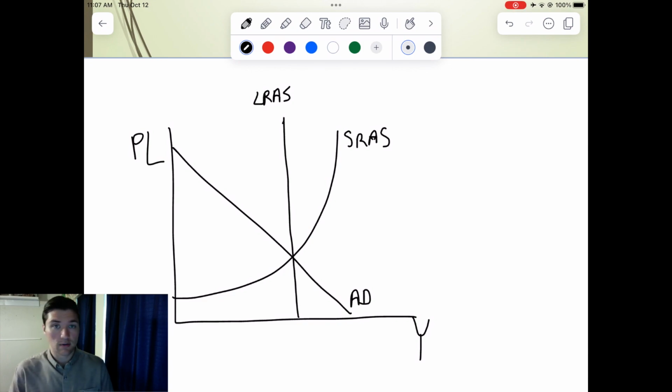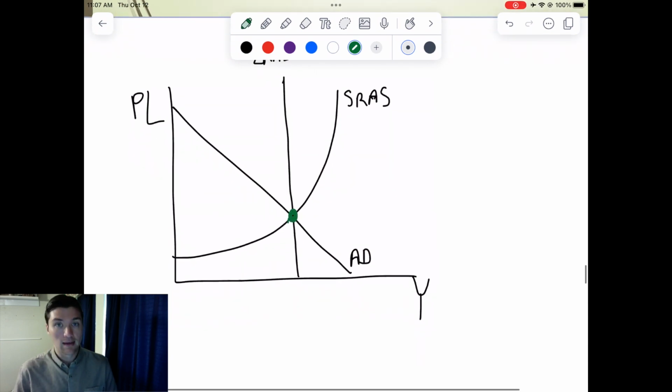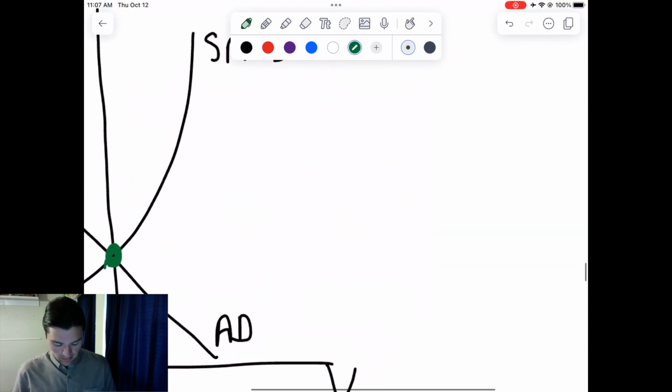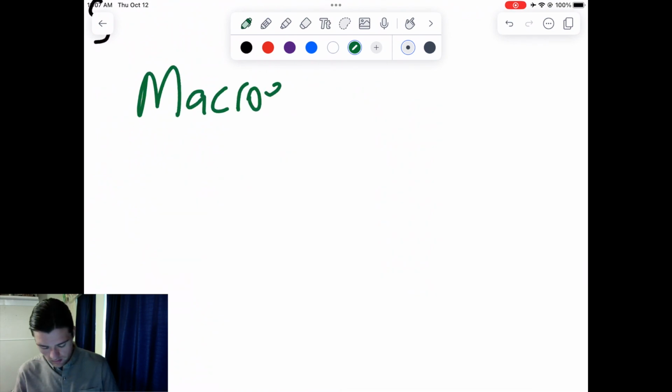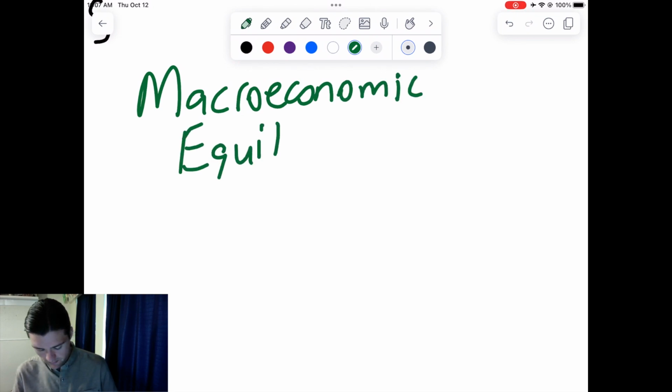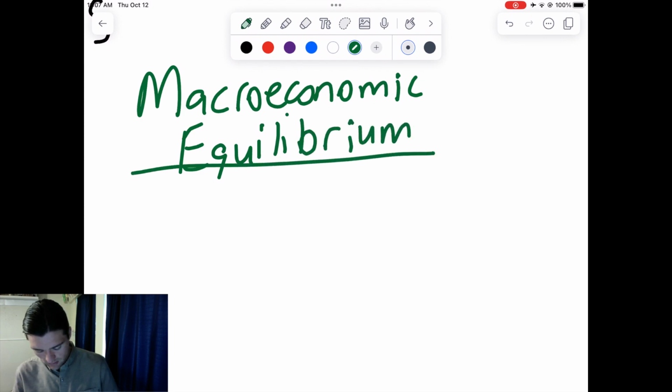So in this graph right here, we can see that they're all coming to the same point. So this is what we would say is you are at your macroeconomic equilibrium. Another way to say this is that you are at your long run equilibrium.